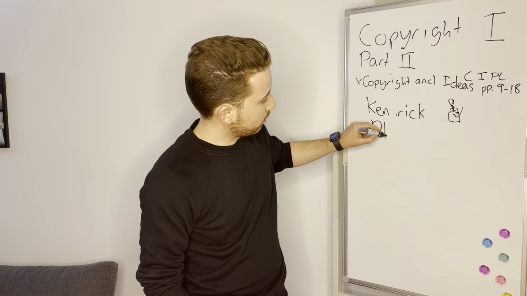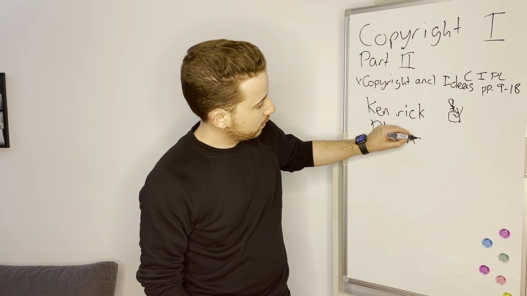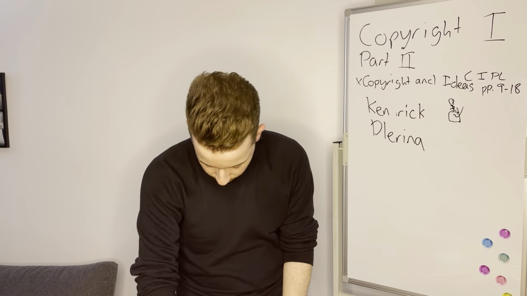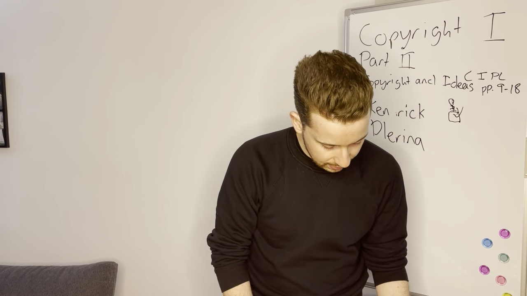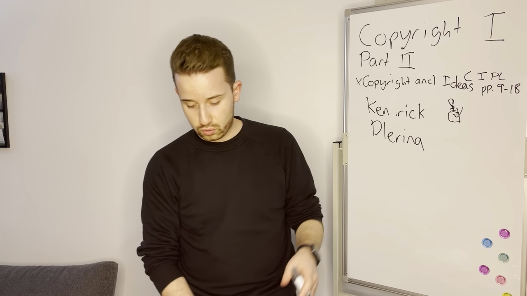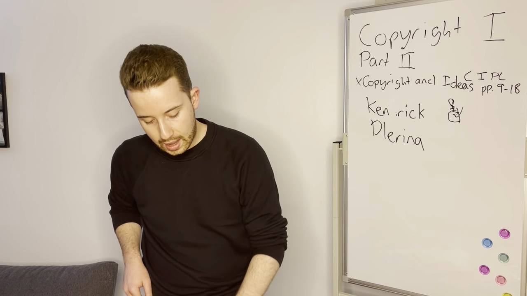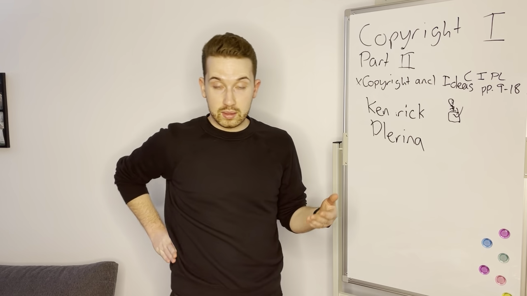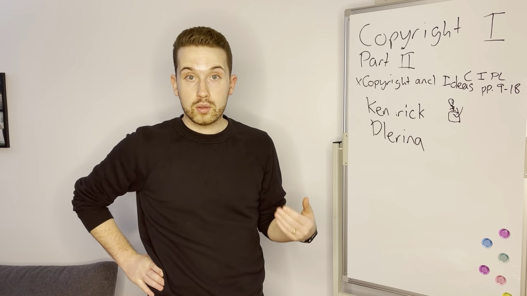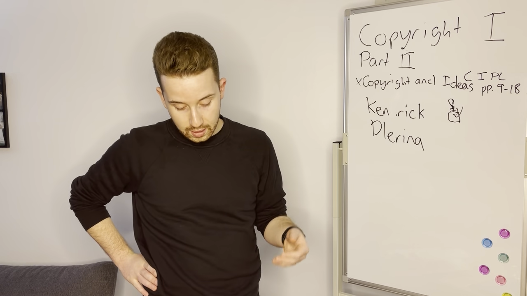Then we have the Delrina Corp case, which illustrates some of the same principles, but in greater detail. So we have basically two computer programs, right? And basically the issue is, how can a computer program be protected?